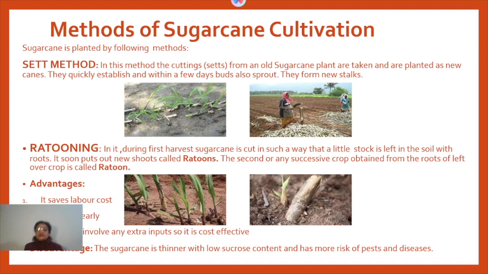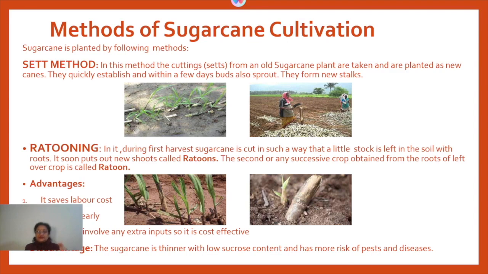It is planted in different ways. Basically, three methods are there. Number one is the sett method, S-E-T-T. In this method, suppose a sugarcane plant is already there. If we want the next crop, we take cuttings from that same plant and plant them.